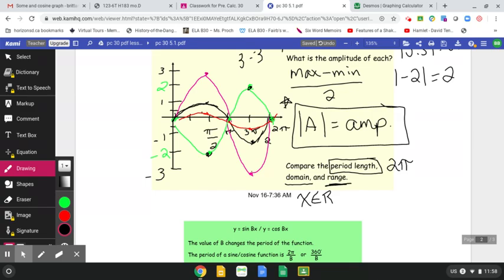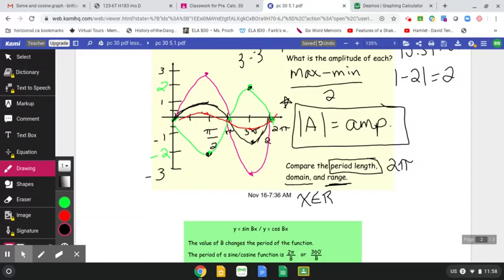Range for each of these is going to change, though. The black graph is between 1 and -1. The pink graph is between 3 and -3. The red graph is between 0.5 and -0.5. And the green graph is between 2 and -2. So that's how your range will change. I'm not going to write those all out for you, but that's just what you have to notice.